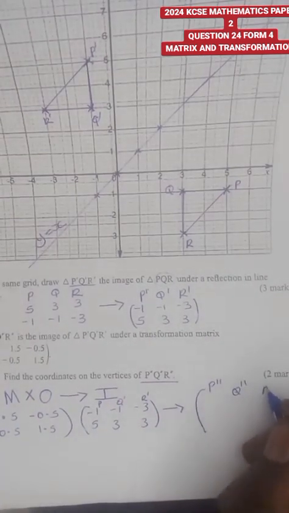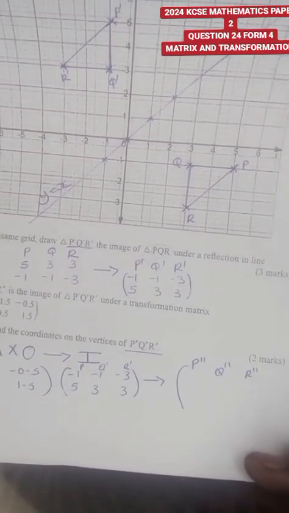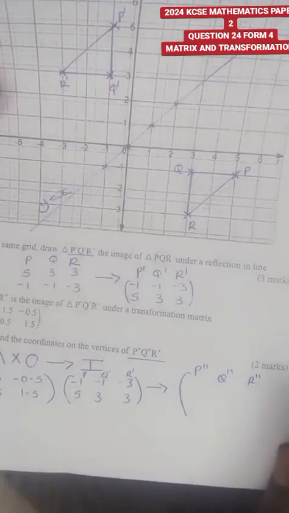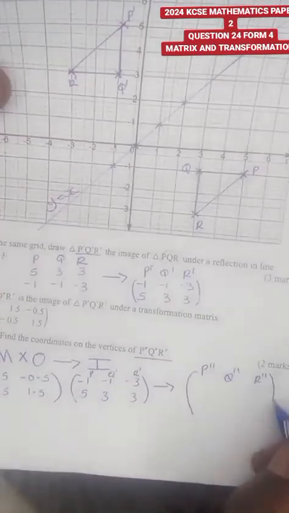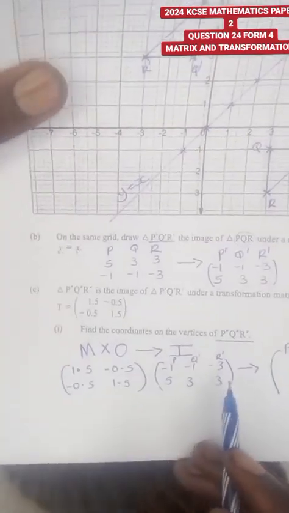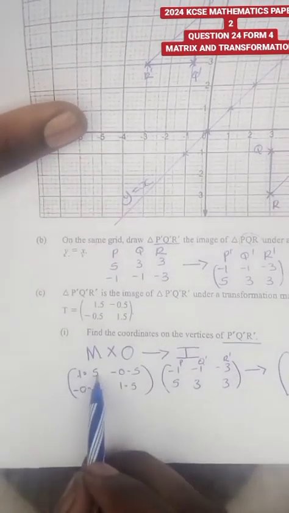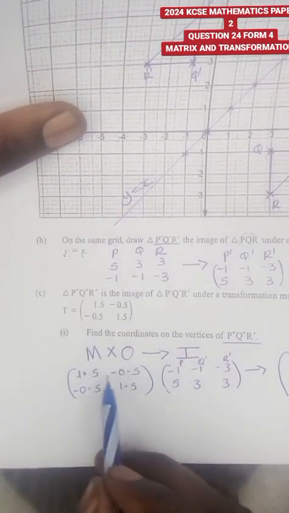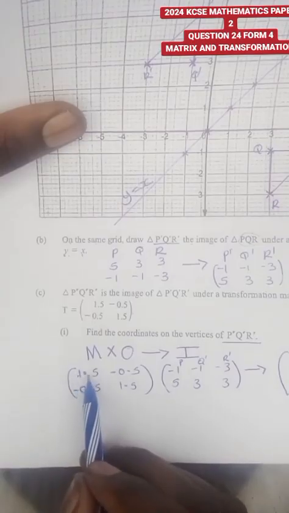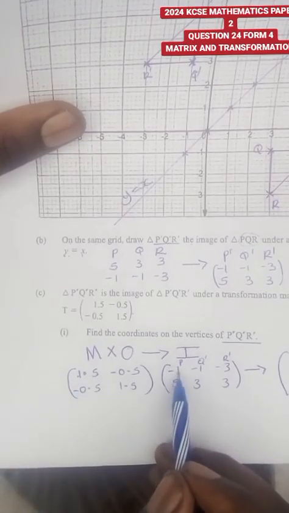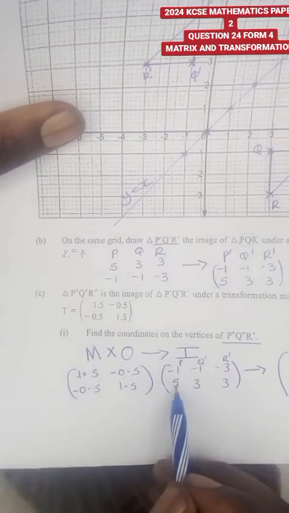So we are going to say how we just multiply the matrices. You take the row versus the column. So it is 1.5 times -1 plus -0.5 times 5. So it is this times that, this times that, this times that for the upper one.